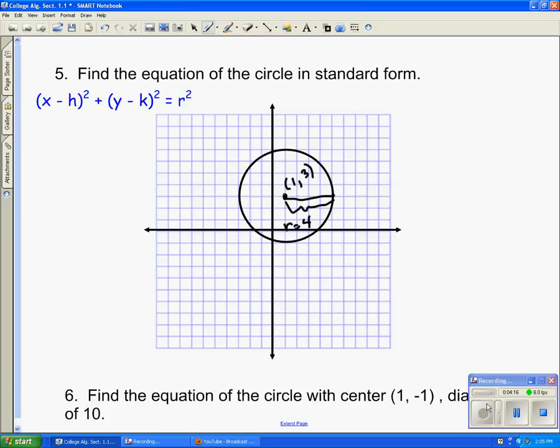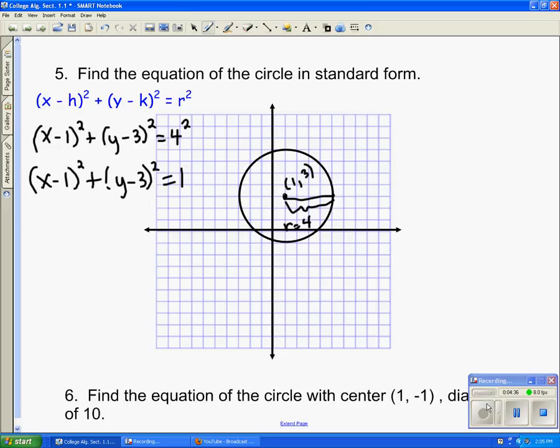So we put it into our formula: (x - 1) squared plus (y - 3) squared equals 4 squared, so (x - 1) squared plus (y - 3) squared equals 16. And this is the equation of the circle that was graphed.